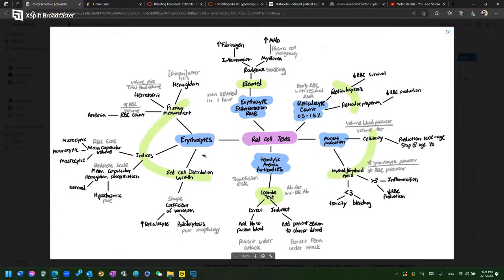So there's a number of red cell tests. Other than just looking for those reticulocytes or counting red blood cells, there's a number of things that we can do. We can look at the erythrocyte sedimentation rate, which is a measure of inflammation. What we'll see in that is stacking.